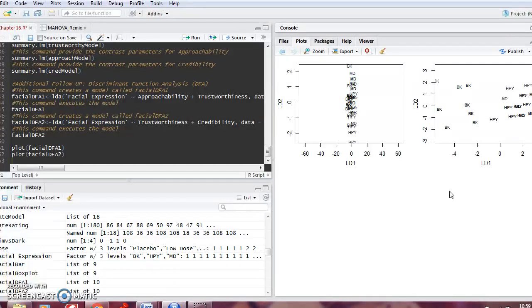Okay, so if we look at LD1, it does discriminate the blank facial expressions from happy facial expressions and some mad. As far as LD2 goes, kind of. But in essence, you get a fairly rough idea of what's going on here with our variates.